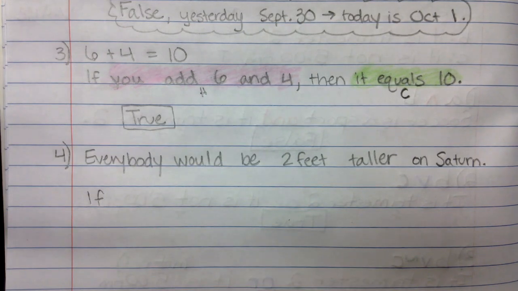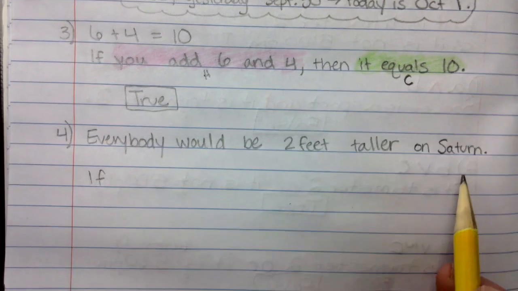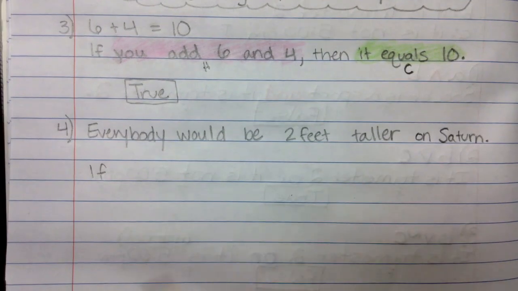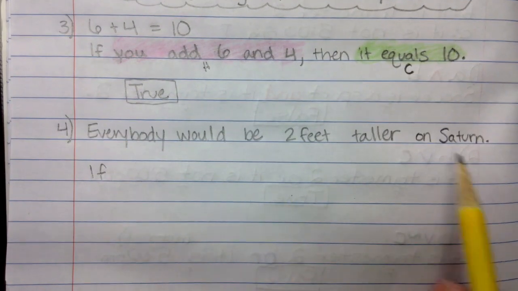It's not saying if you were 2 feet taller you'd have to move to Saturn. It's saying that we're on Saturn. So if everybody was on Saturn, let's do everybody since we already used that word.